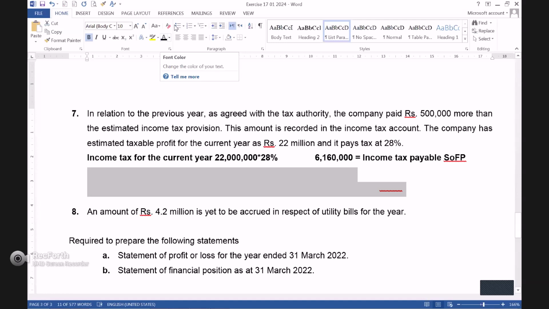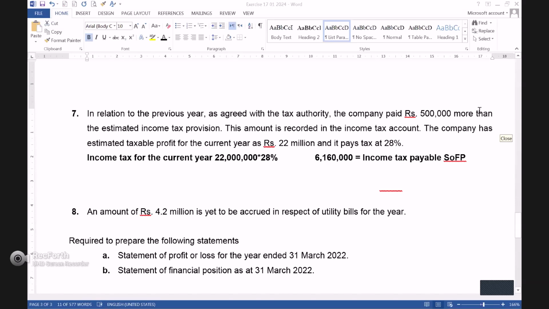The company paid 500,000 more than the estimated income tax provision. So is it under provision or over provision? Did you understand?